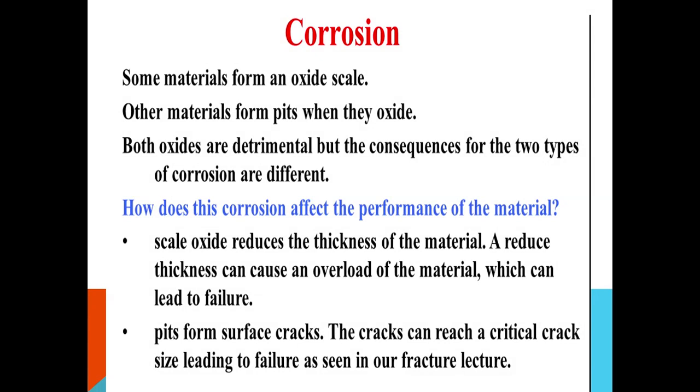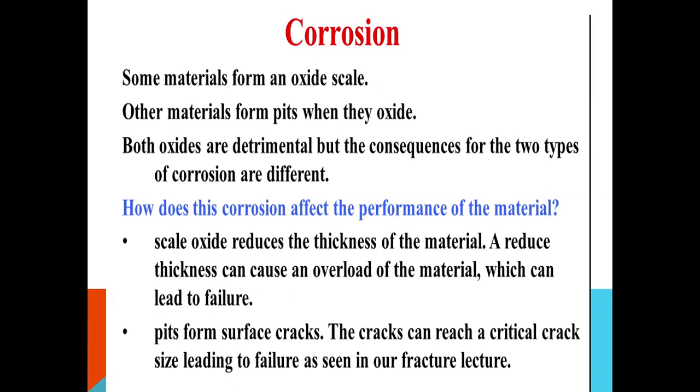Corrosion: some materials form an oxide scale. Other materials form pits when they oxidize. Both oxides are detrimental, but the consequences for the two types of corrosion are different. How does this corrosion affect the performance of the materials?